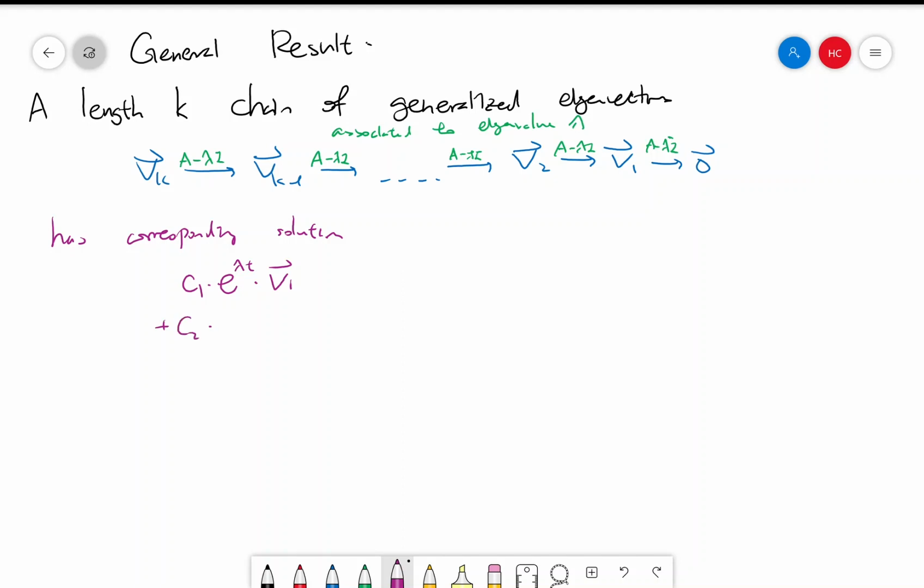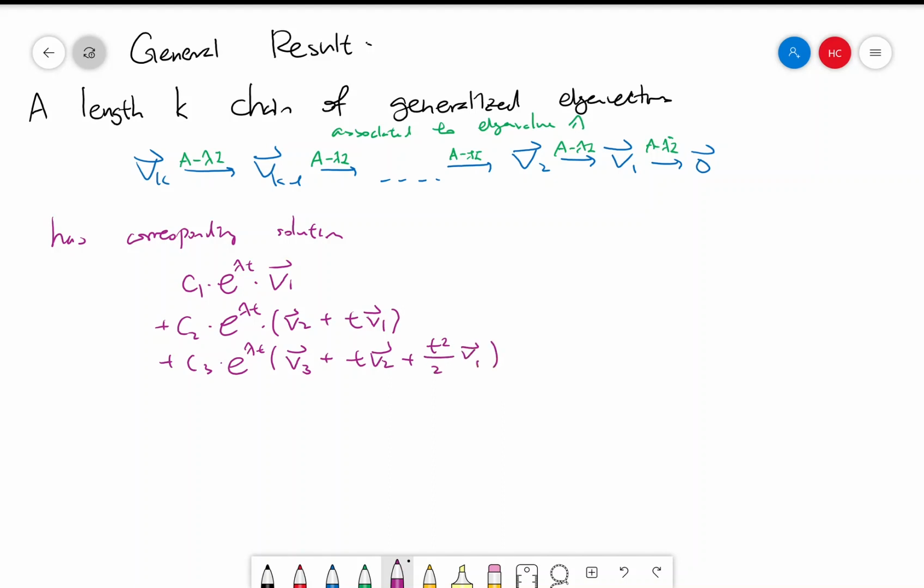So for V2 we have C2 times e to the lambda t times V2 plus tV1, and C3 is e to the lambda t times V3 plus tV2 plus t squared over 2 times v1.